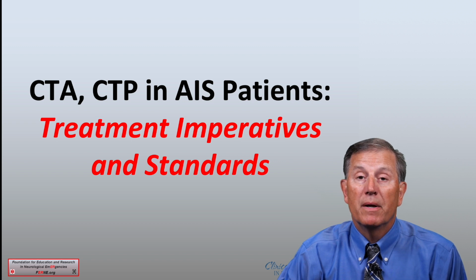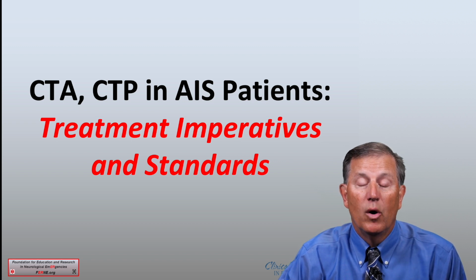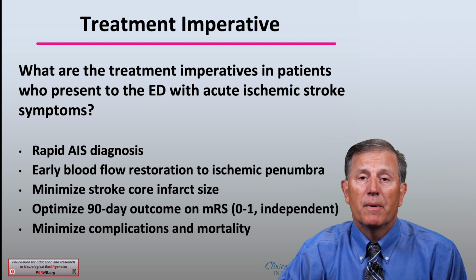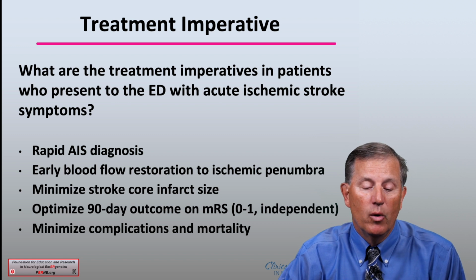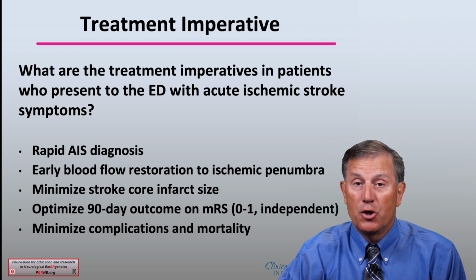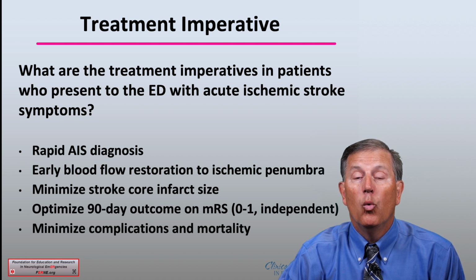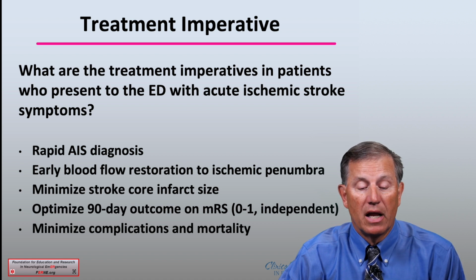So what are our treatment imperatives and standards when utilizing CT testing in stroke patients? So what's our treatment imperative? We'd like to rapidly diagnose acute ischemic stroke. We'd like to establish early blood flow restoration to the ischemic penumbra, that area that will benefit from restored circulation.